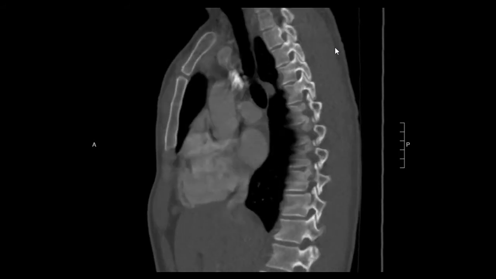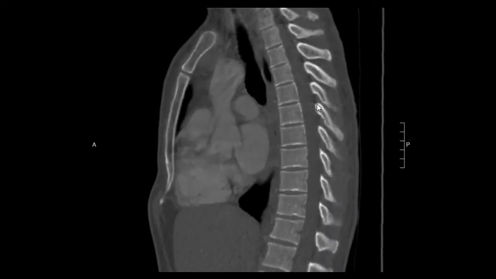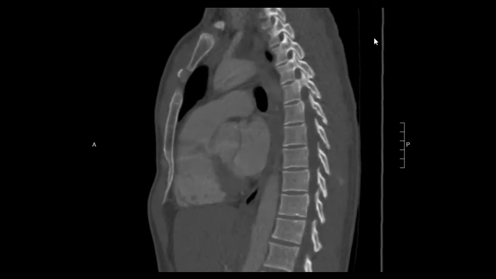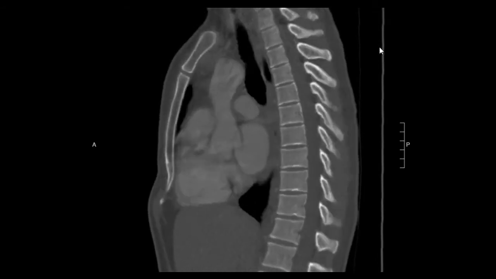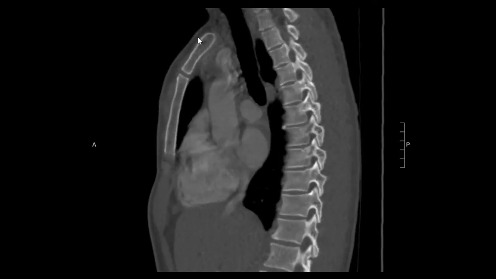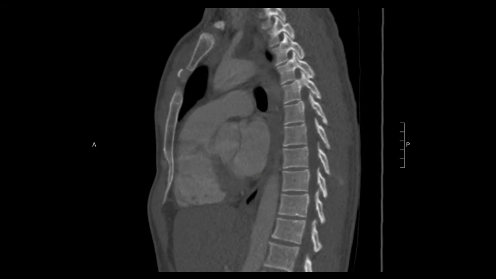And we'll look at it on the bone windows, and we can see all the facets and spinous processes line up well. Vertebral bodies line up well. There's no compression deformity and everything looks pretty good. And we'll also take a look at the manubrium and the sternum. And everything looks normal. So that is a normal CT thorax.